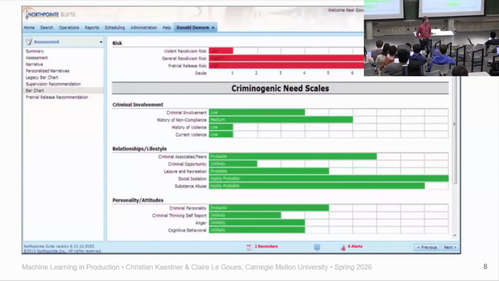There are lots of examples where judges apply much harsher penalties to certain subpopulations, often based on race, maybe gender, maybe age. And we wanted to reduce that bias. And why not use machine learning and make objective recommendations based on data? That was the idea.